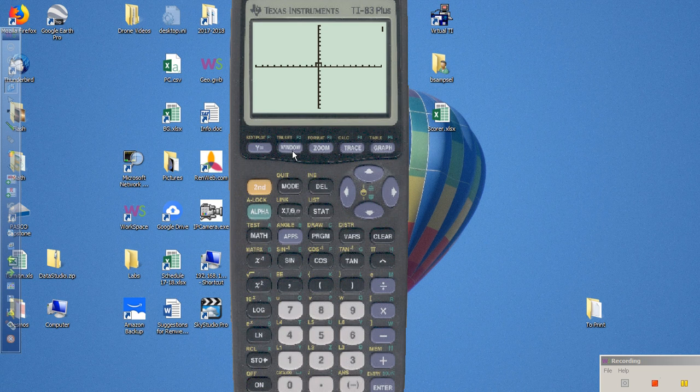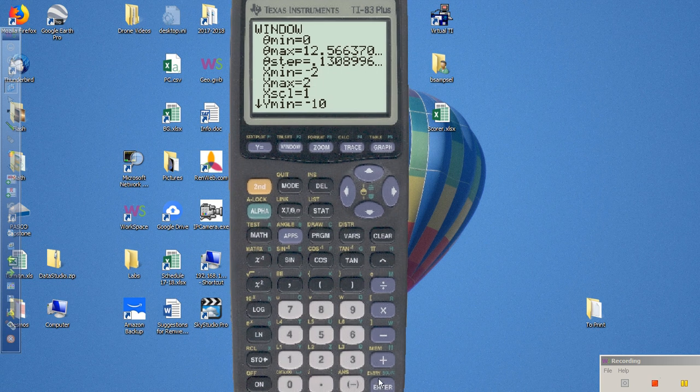I'm going to need to zoom in a little bit. What did you put in? I just put sine theta. So what is the maximum of sine of theta? 1. The biggest it's going out is 1. So I'm going to set this to maybe -2 to 2, and -2 to 2.